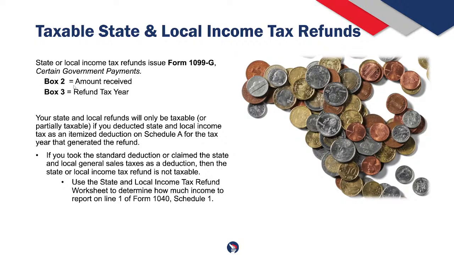Box 2 is going to show the amount received, which is potentially taxable. Box 3 is going to show the refund tax year. Your state and local tax refunds will only be taxable or partially taxable if you deducted state and local income tax as an itemized deduction on Schedule A. So if I have a 1099-G, my first question to the client, if they're new to me, is, did you itemize last year?